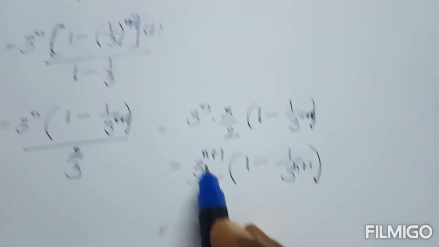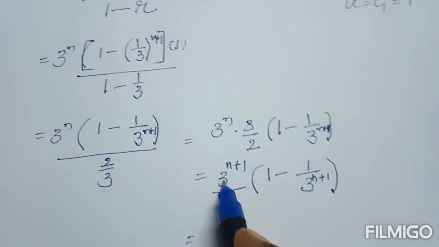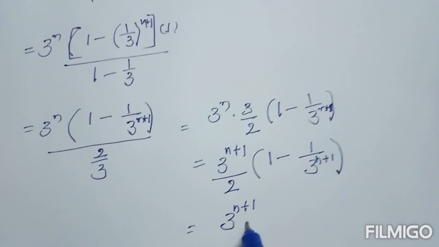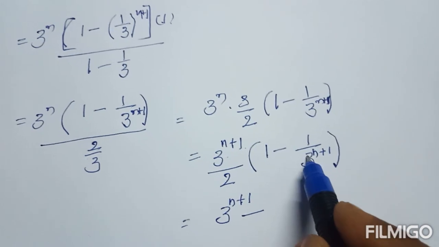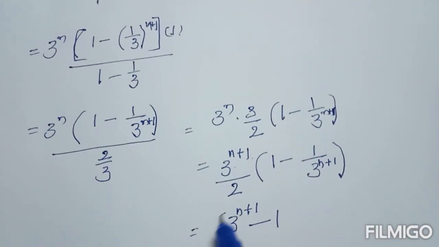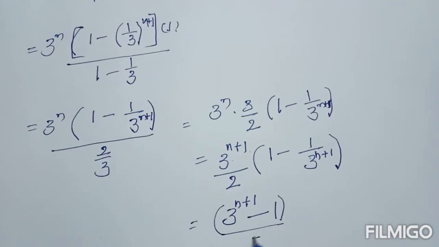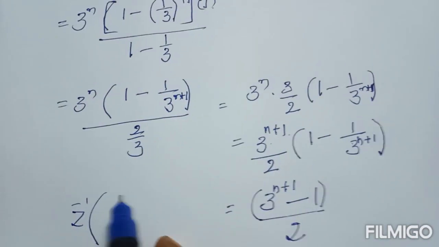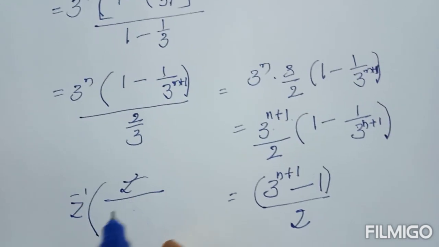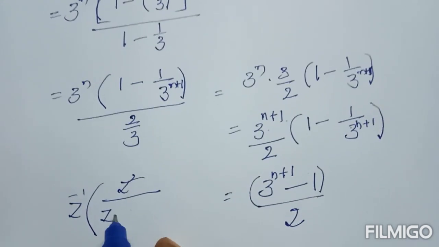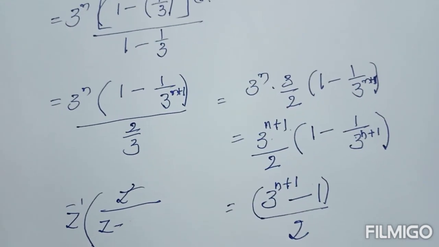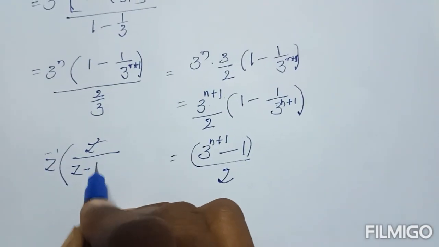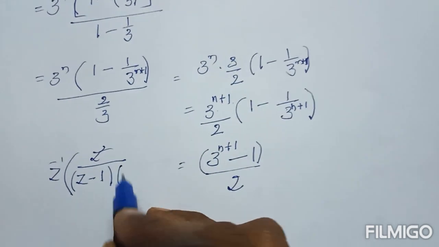Now you can enter 3 to the power of n plus 1 into the bracket. 3 to the power of n plus 1 into first term is 3 to the power of n plus 1 minus 3 to the power of n plus 1 into second term. It cancels, 1 is there, by the denominator 2. So this is the result of the inverse z of z square by z minus 1 into z minus 3.